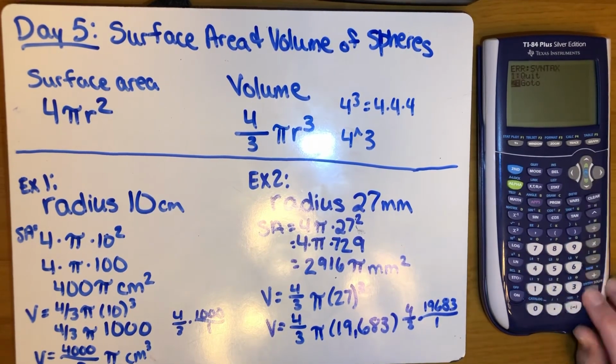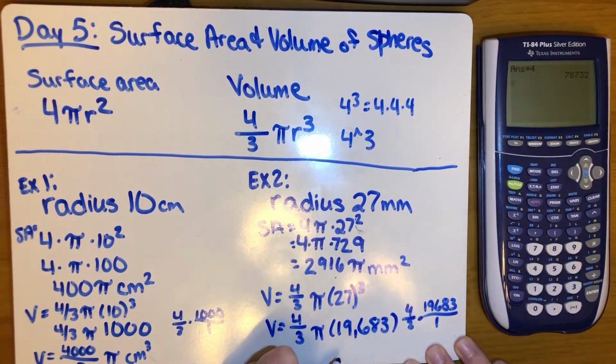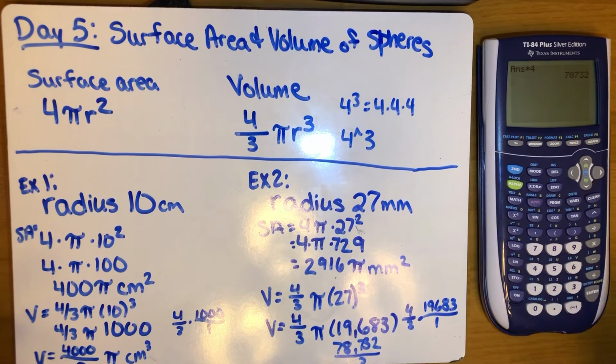Oh, gotta love calculator issues. So that gives us 78,732, and then 3 times 1 is 3. Now check this, make sure that it doesn't divide by 3.